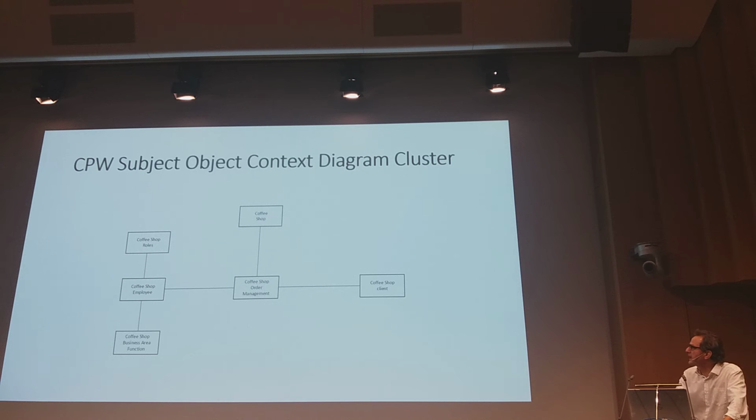So we are coming here to the first cluster. You see here in the middle the overriding purpose of the end-to-end process, coffee shop order management, which is coffee shop order management as a CPW object. Then on the right side we have the coffee shop client. Then we abstracted the coffee shop sales assistant even more, as coffee shop employee.